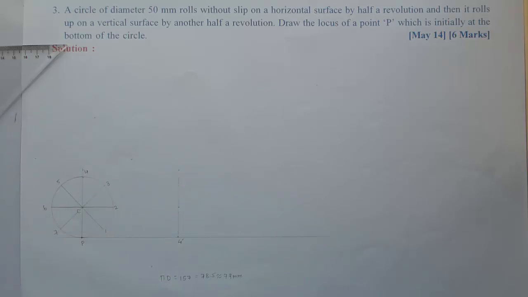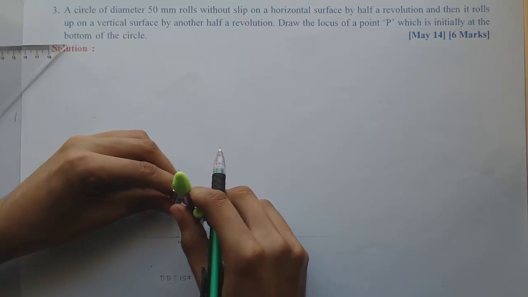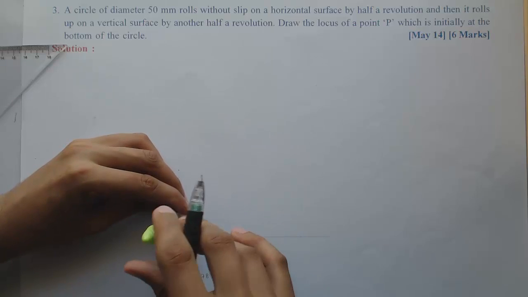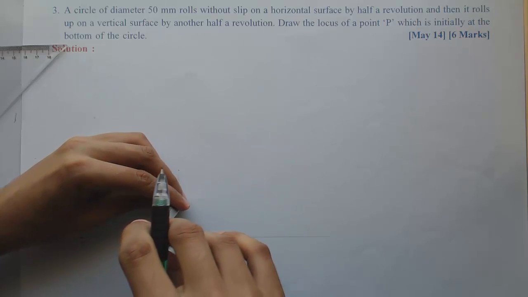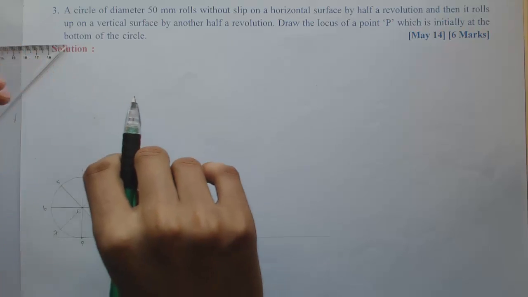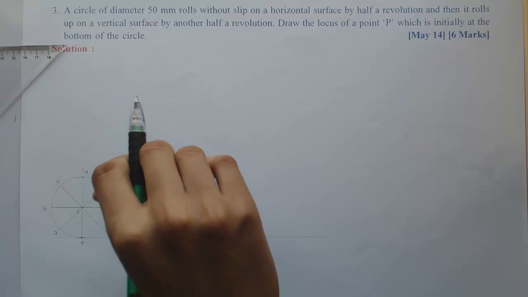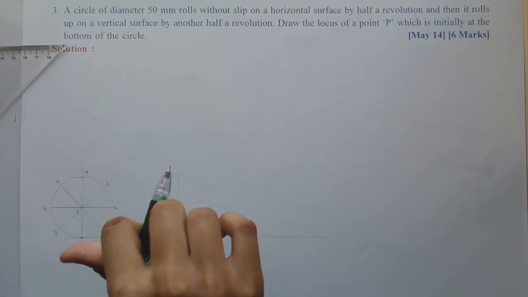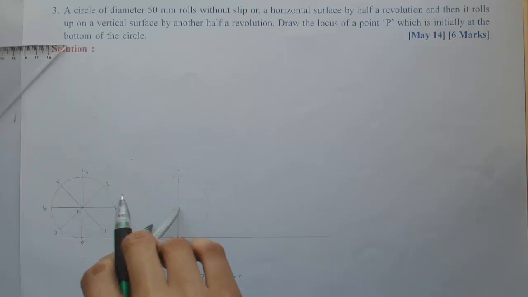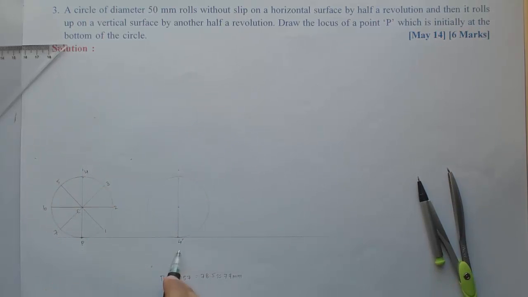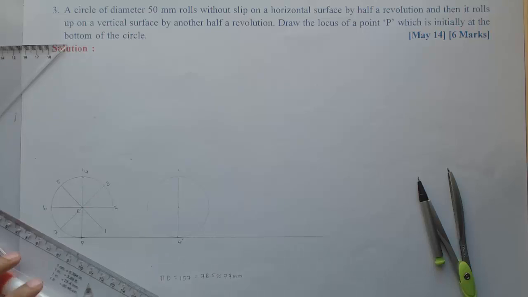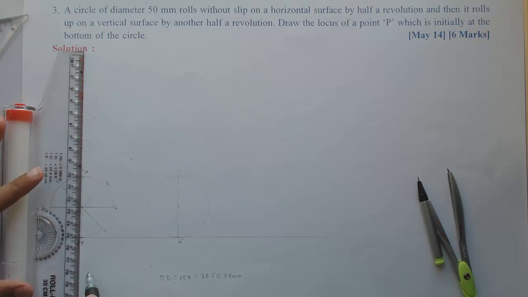So I'm taking again a 25 mm radius and drawing the circle position after half a revolution. Now the distance from P to 4 dash is half of the circumference, which is nothing but 79 mm.